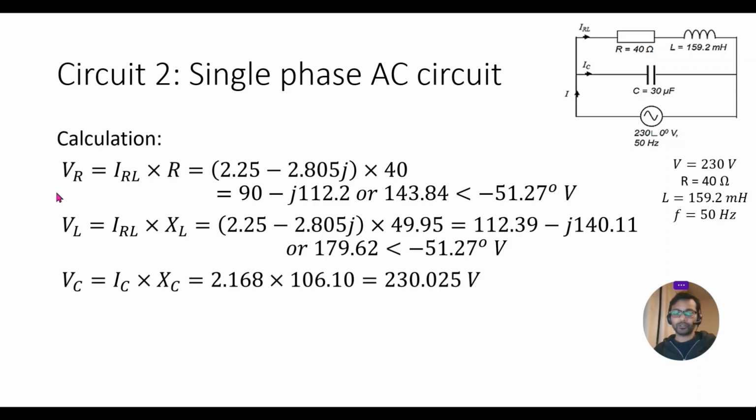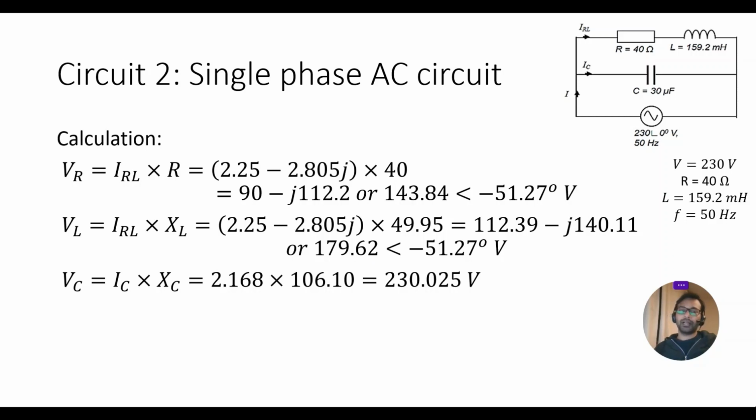Now the next thing is the voltage drop across all the components. Again, using Ohm's law, we have already calculated the current, and we know the resistance or reactance values, so we can easily calculate them. On calculating, we get the voltage drop across the resistor is 143.84 volts, and the voltage drop across the inductor comes out to be 179.62 volts.